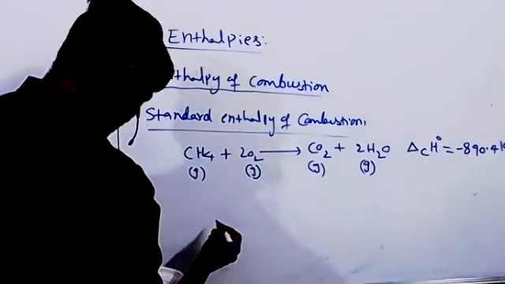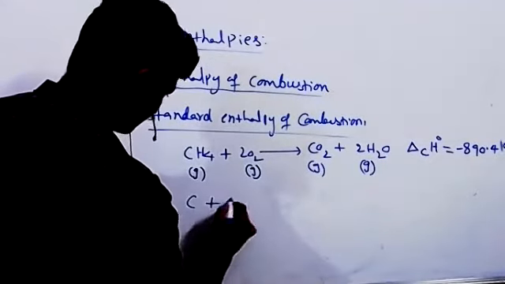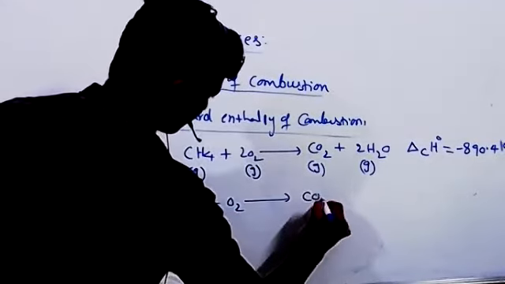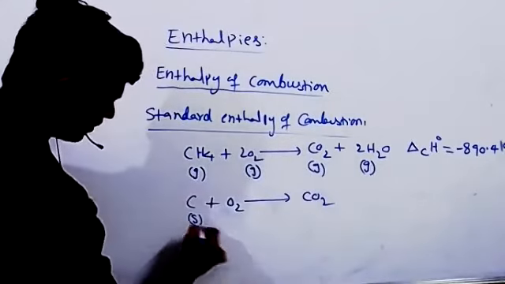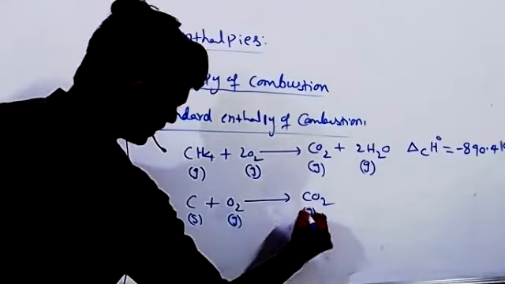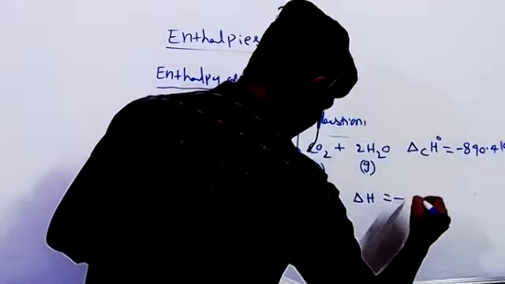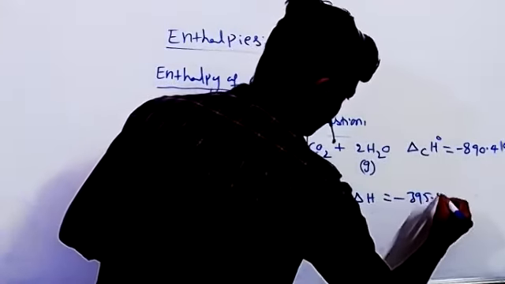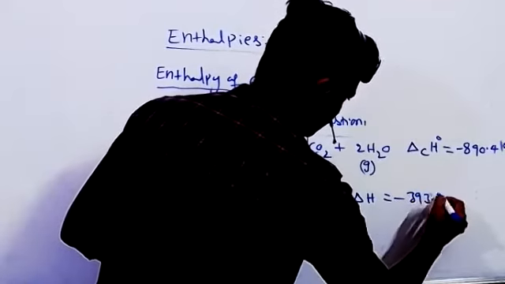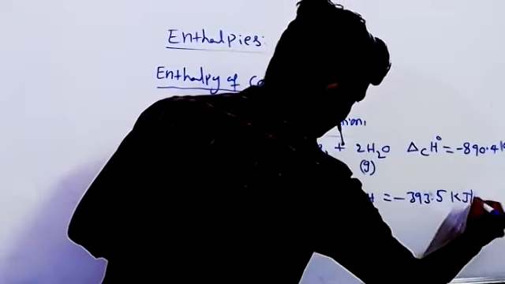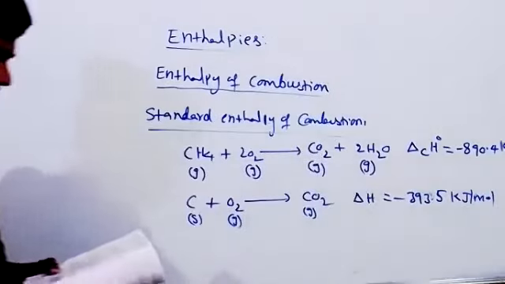Suppose carbon gives CO2: carbon is solid, oxygen is gas, carbon dioxide is gas. Delta H is equal to minus 393.5 kilojoule per mole.